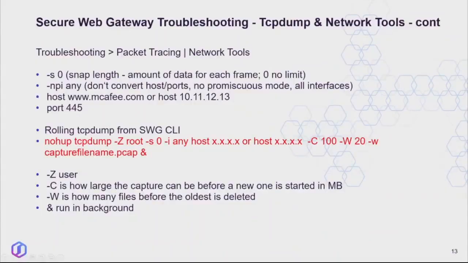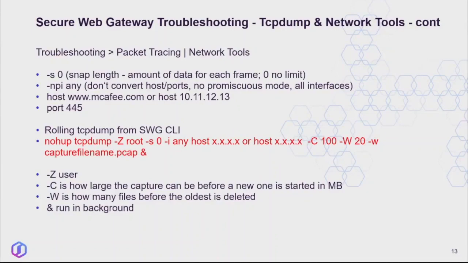On the next slide, we have some explanations on what these commands mean. So generally, they're all the ones that we provide you. They're always going to be -npi any. Again, don't convert host ports, no promiscuous mode, and all interfaces. The host is then going to be something like www.mcafee.com, or sometimes just mcafee.com, or host 10, 11, 12, 13.